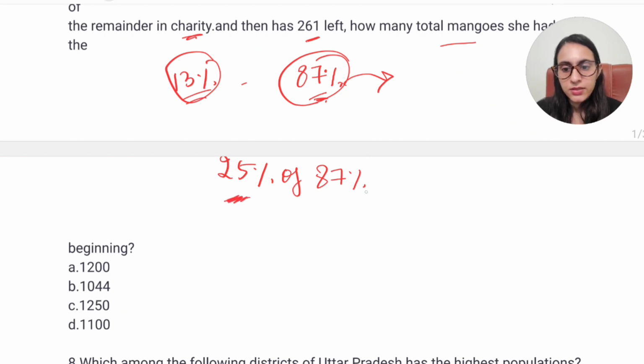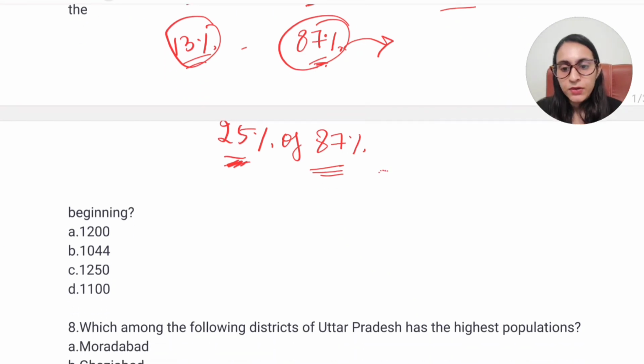So the remainder of the mangoes after the charity is 25% of the 87% of her initial mangoes. So final count, she is left with 261 mangoes. This means that 25% of the 87% of her initial mangoes is equal to 261 mangoes.